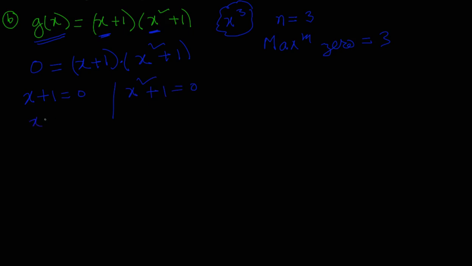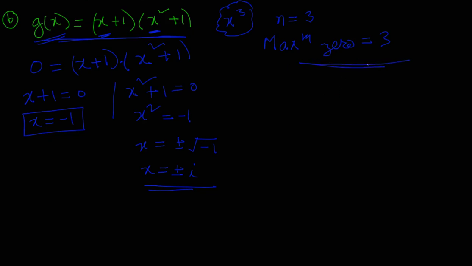So I got x = −1, and here x² = −1, so x = ± square root of −1, so x = ± i. As you can see, this is an imaginary number, so this is not real. So how many real zeros did I get here? 1. For this particular problem I have only one real zero. So you see, I did not get the maximum here, which I got in the previous case. Okay, so this is problem 2.